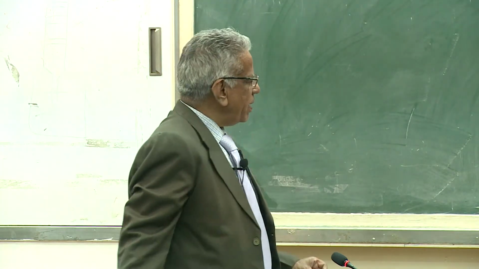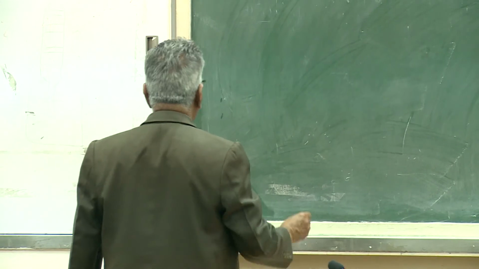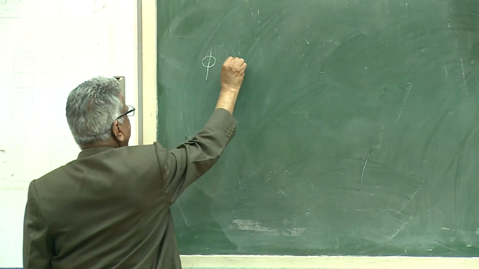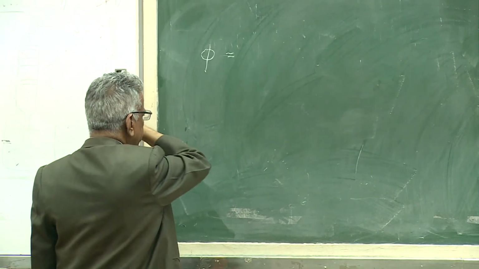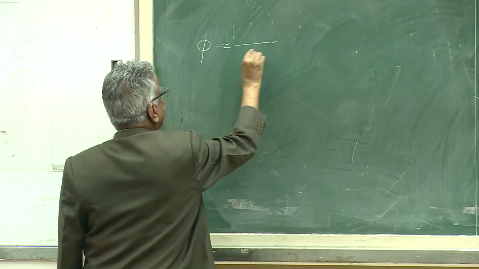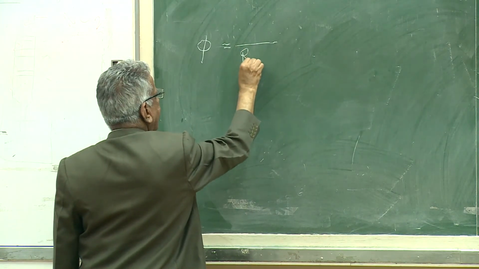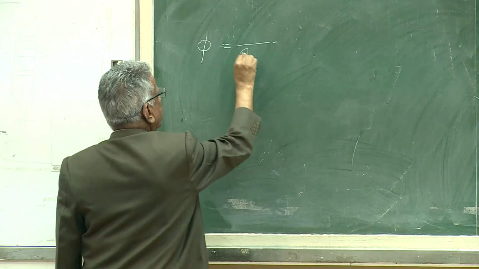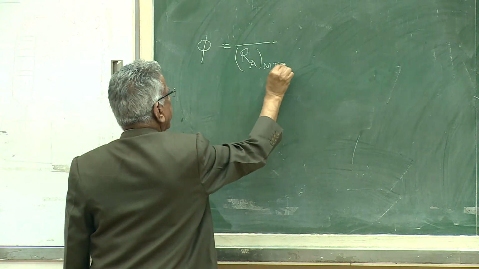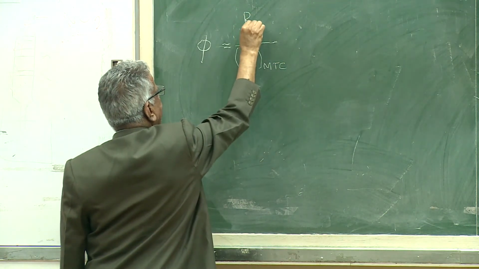So, enhancement factor, if you want to write as phi, is equal to R A when it is mass transfer controlled in the denominator, and then the numerator is R A, the actual R A.